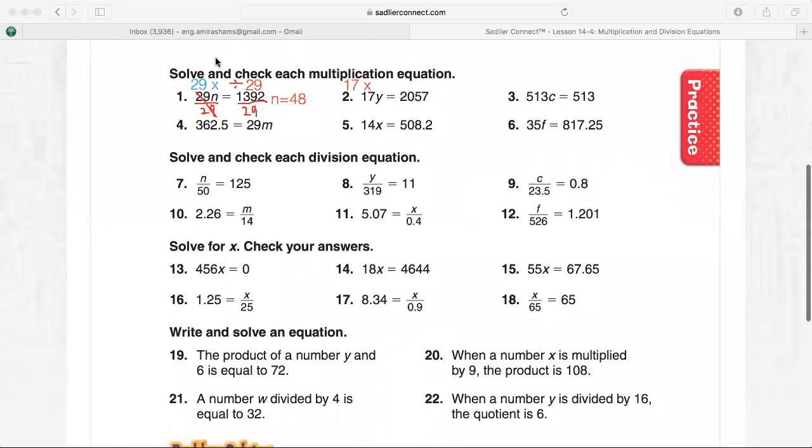So I'm going to write here divide by 17. The inverse here is divide by 17. Let me write it in blue so you will differentiate.